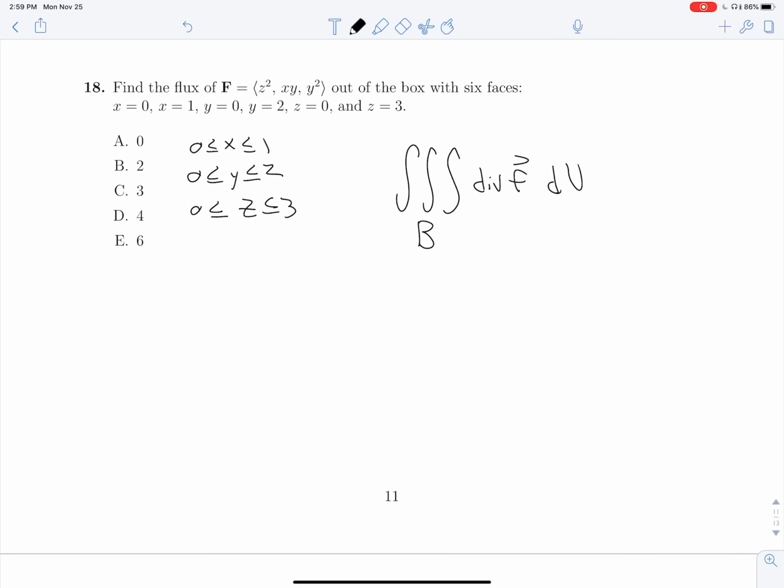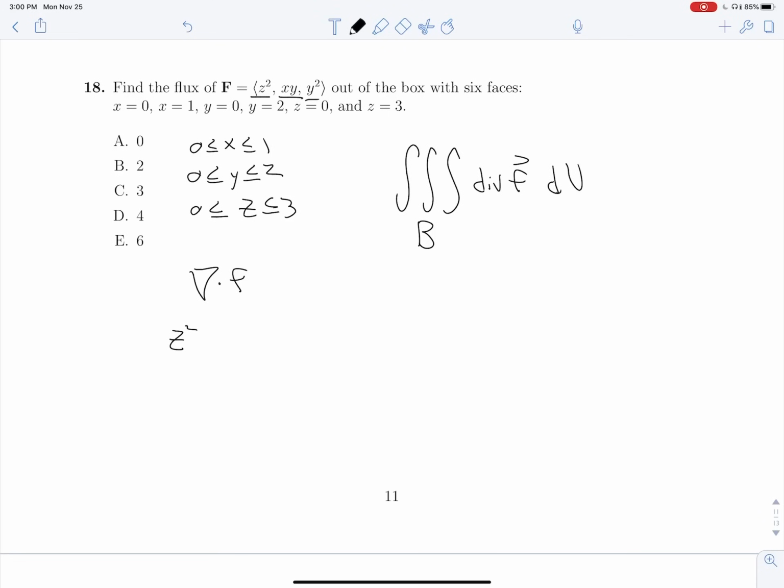So in order to find that, we have to find our divergence of F. Well, our divergence of F is just going to be del dot F, which in our case is going to work out to 0 because z squared dx is going to be 0. This guy dy is going to be x, and this guy dz is going to be nothing. So divergence of F, let's actually write this out.